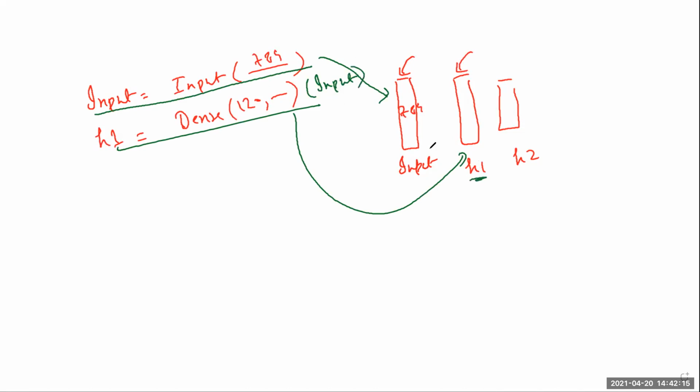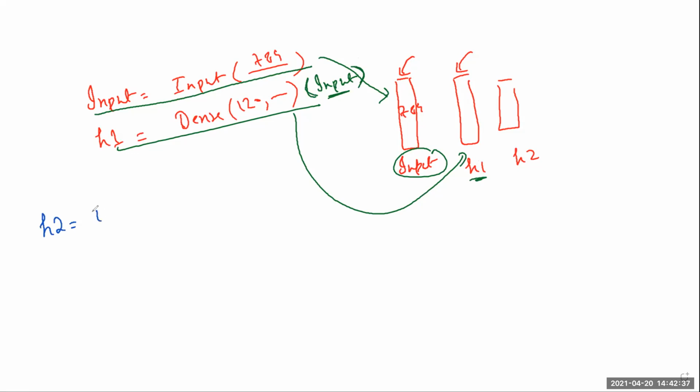I want to connect H1 with input. So when I'm creating H1, which is a dense layer, I put these parentheses and write the name of the layer with which I want to connect it. Now let's do one more layer so that you get the idea. Let's make H2 and connect H2 with H1. So what is H2?